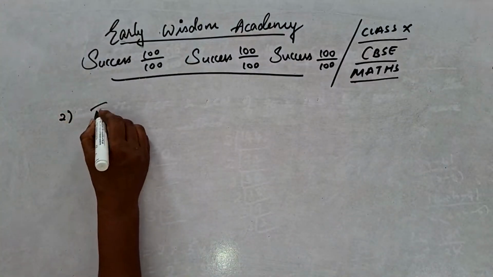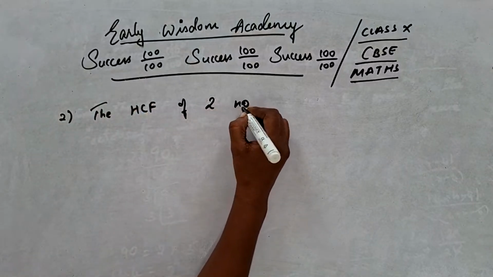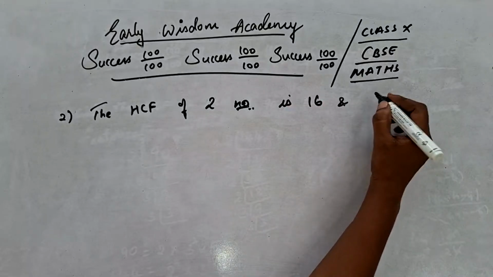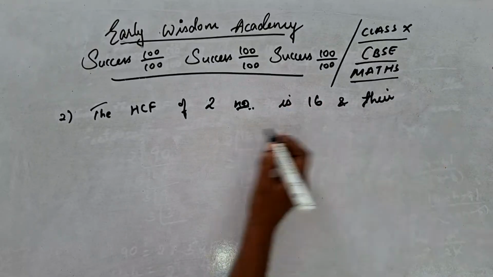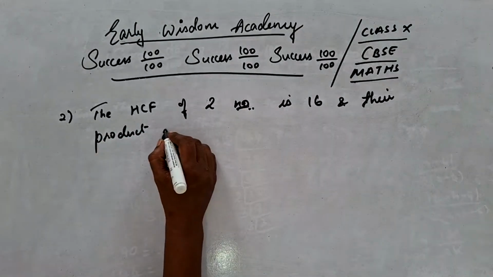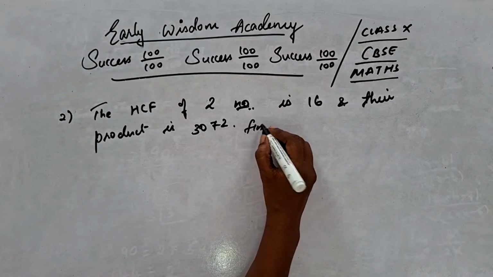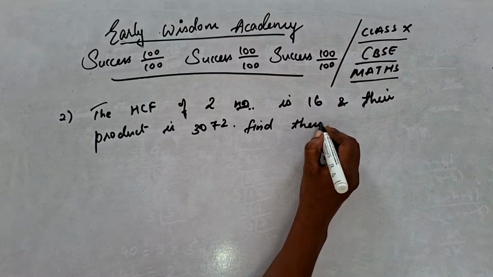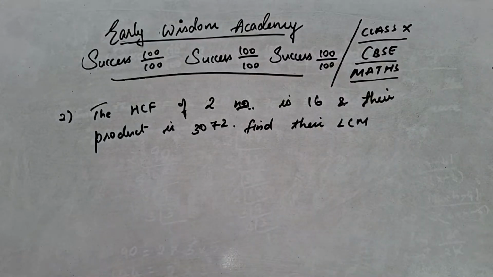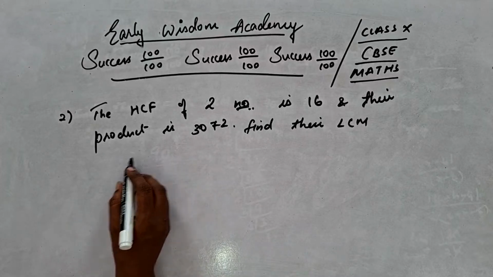Second question. The HCF of two numbers is 16 and their product, the multiplication, is 3072. Now find their LCM. Before getting into the solution, let us take the important formula.